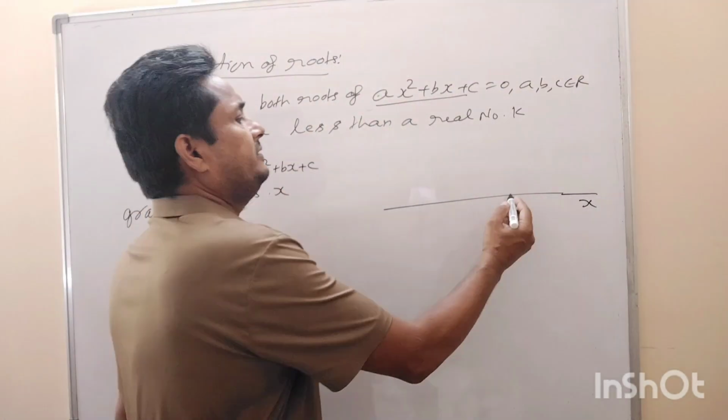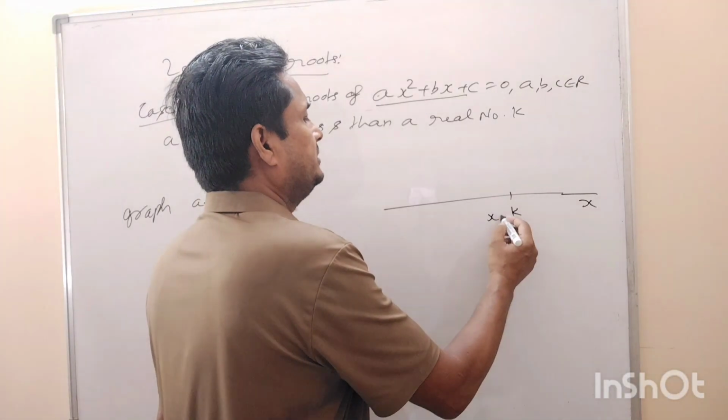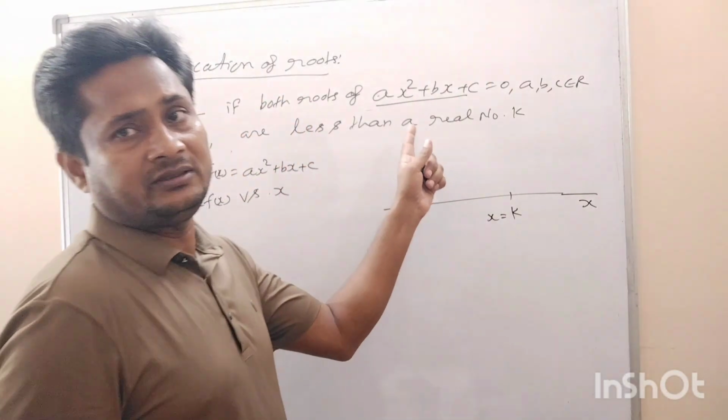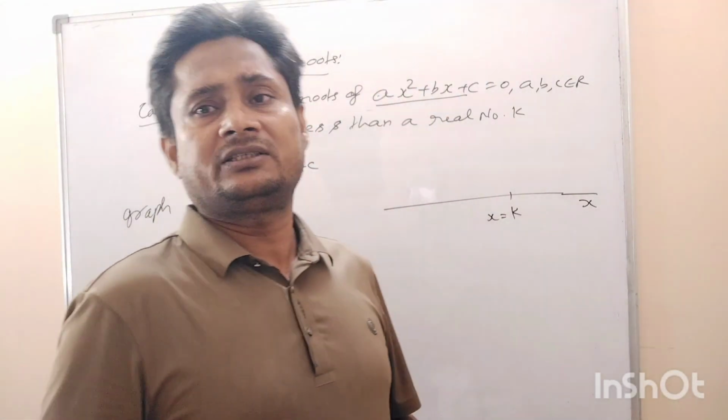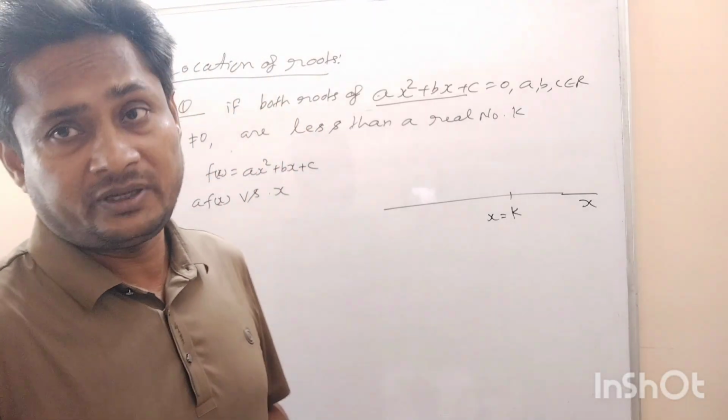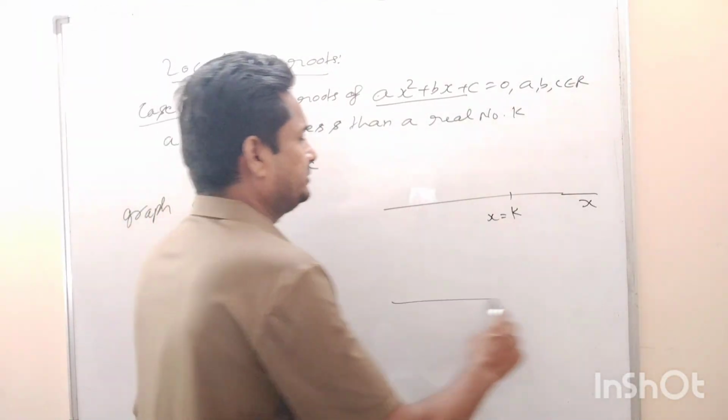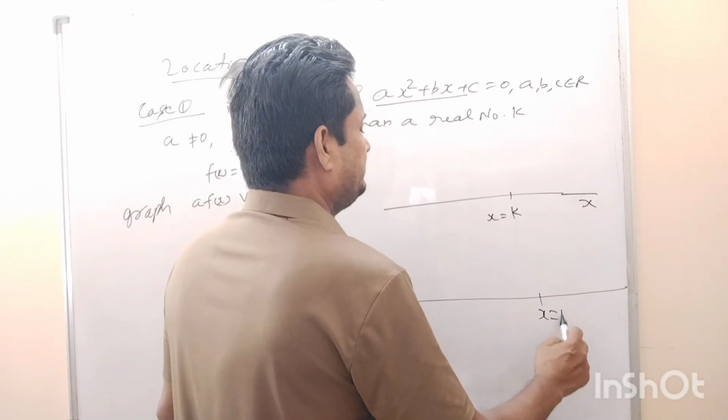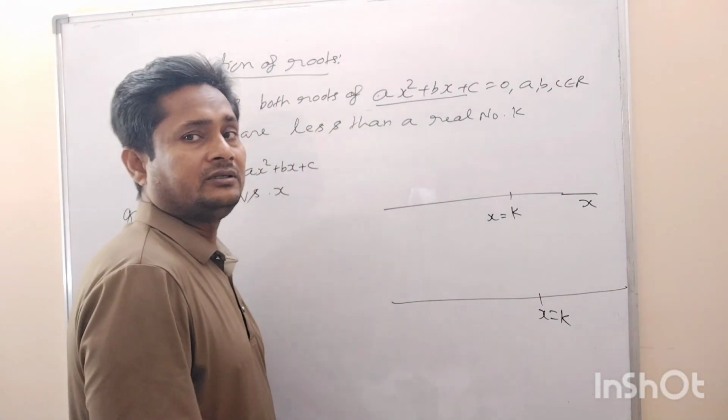Here, if we take x equal to k, because it is saying both roots are less than k, there may be two cases.